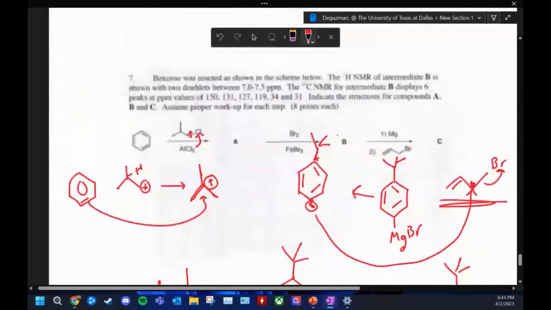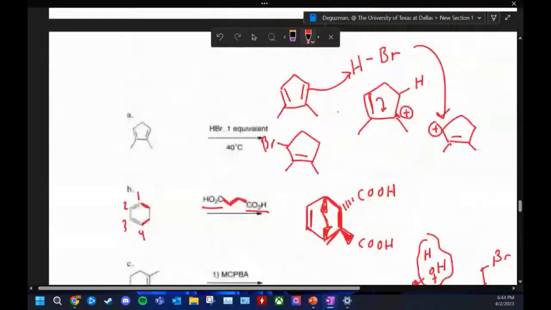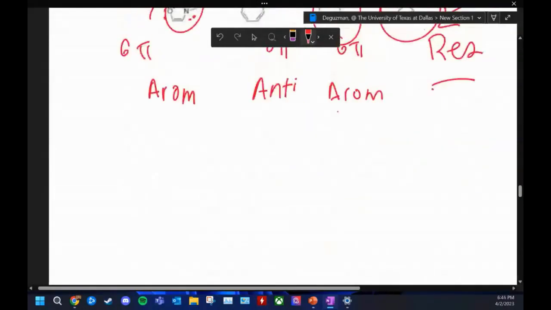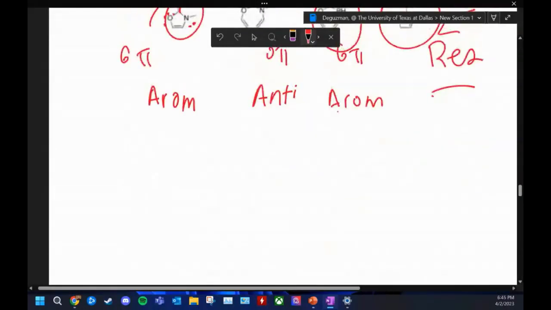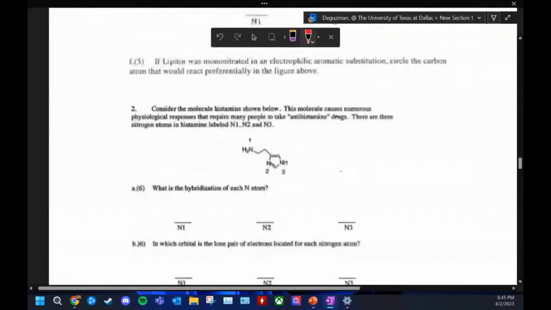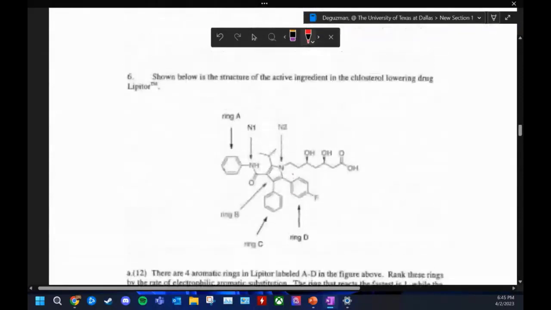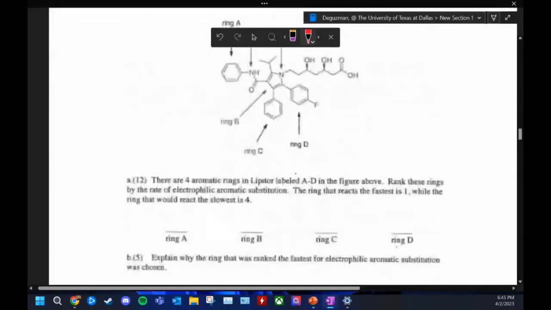Okay. Let me do one more question. We will post a key as well, so you can look over all these questions and use it as an exercise. But I do want to go over, I think it's this one.